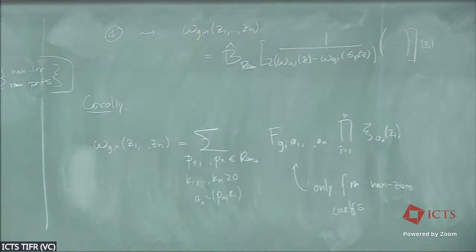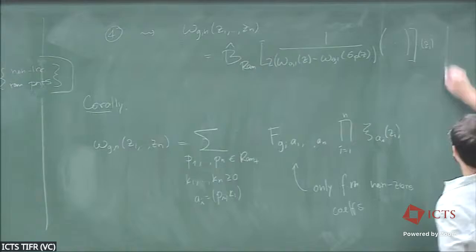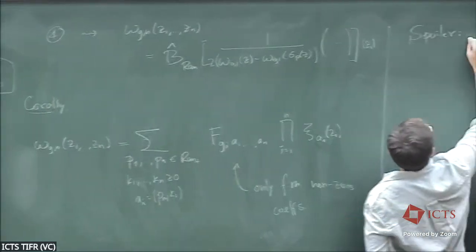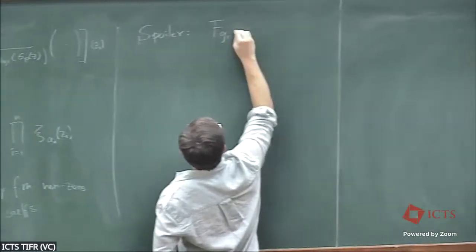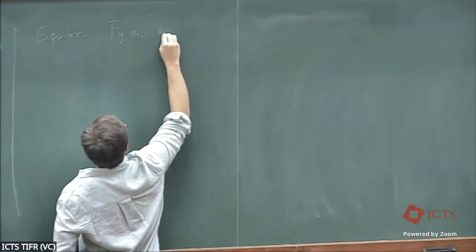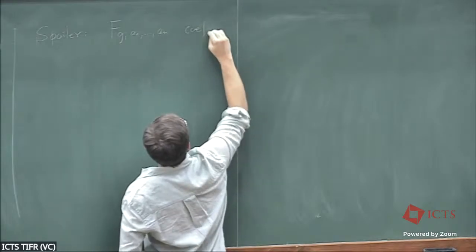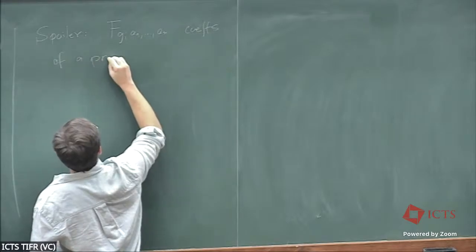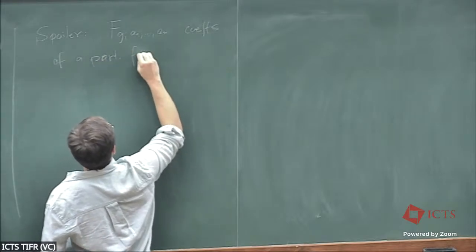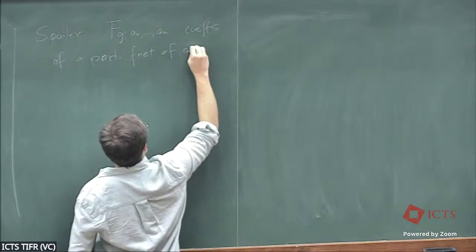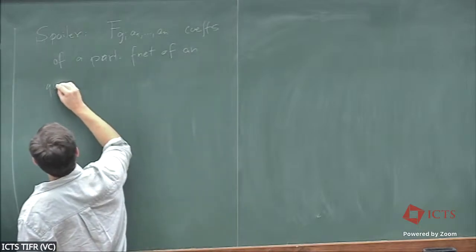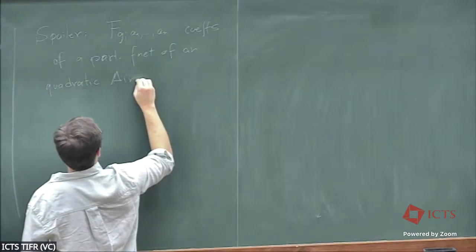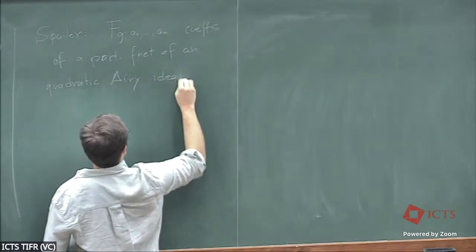Maybe let me tell you the spoiler for Nitin's lecture. This F G A1 up to An will be coefficients of a partition function of an Airy ideal, actually a quadratic Airy ideal.